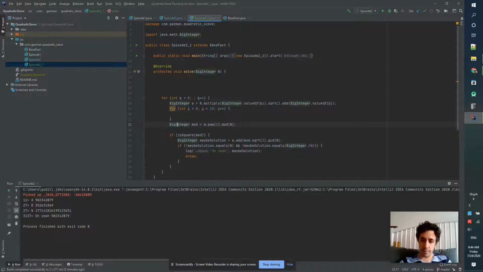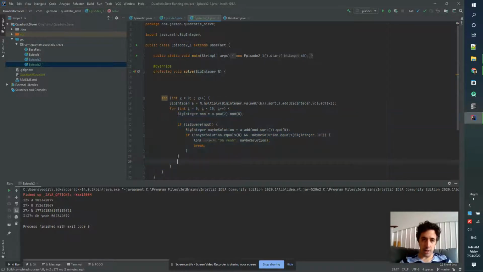Now I want to use it for the square results. Sorry, after doing the square root, I want to add i.